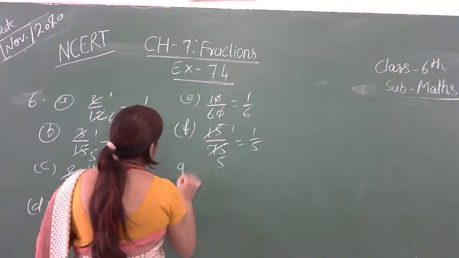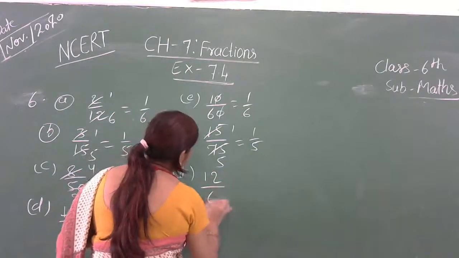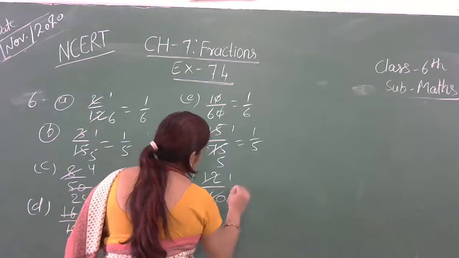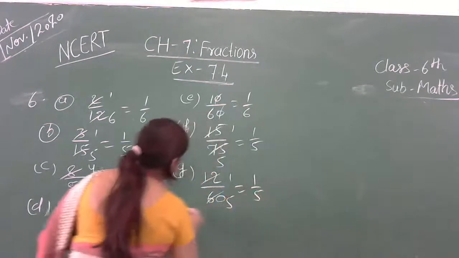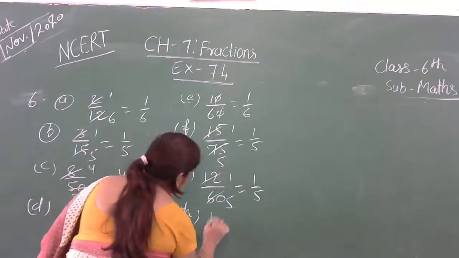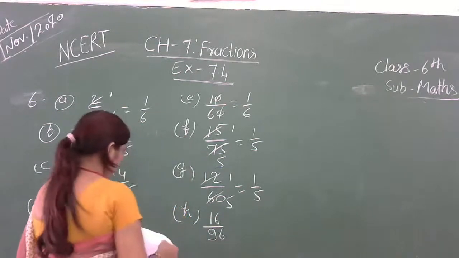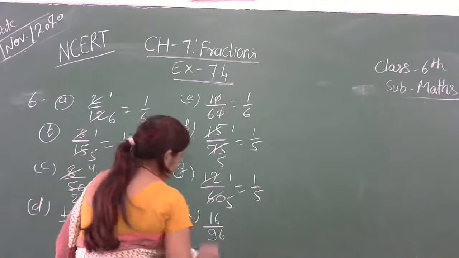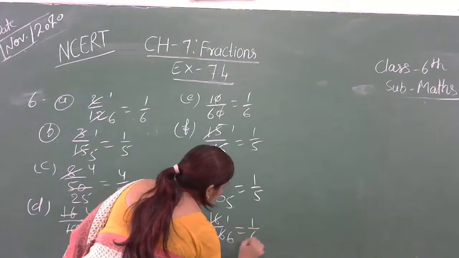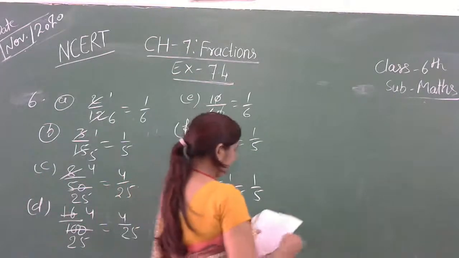Now G part, 12 upon 60. 12 5s are 60, you will get 1 upon 5. H part, 16 upon 96. 16 6s are 96, you will get 1 upon 6.